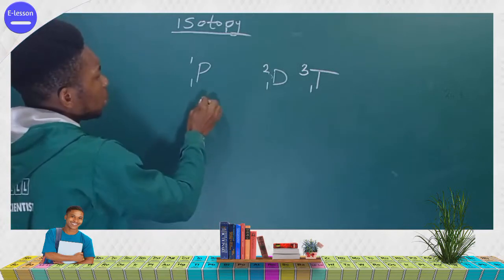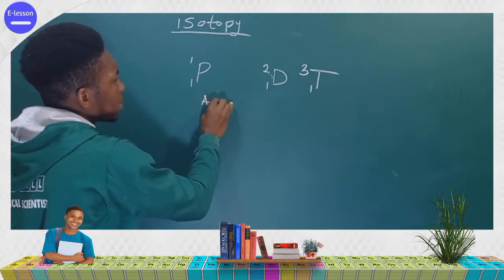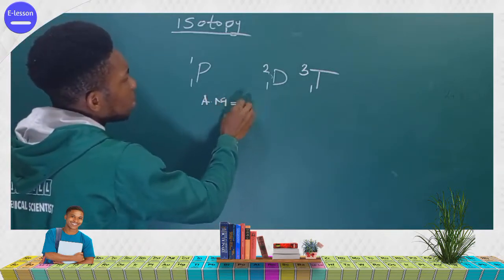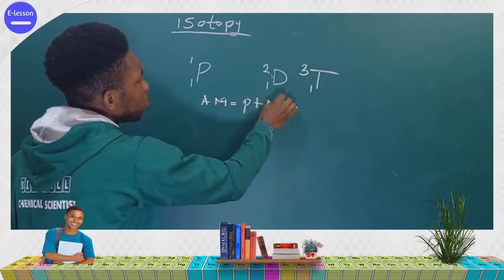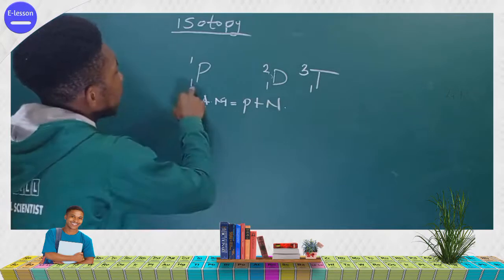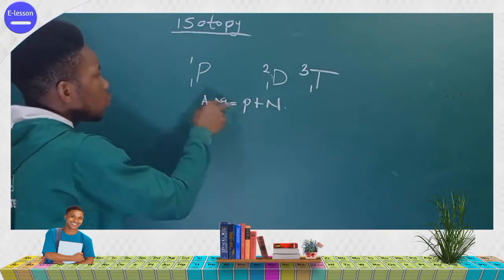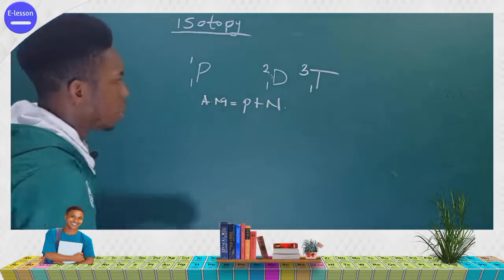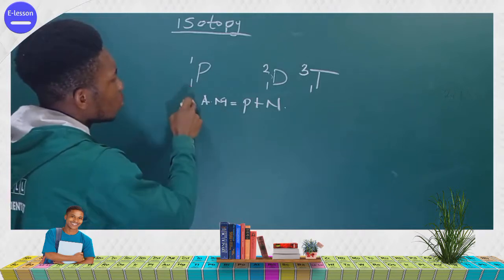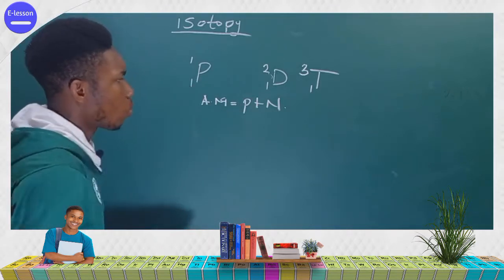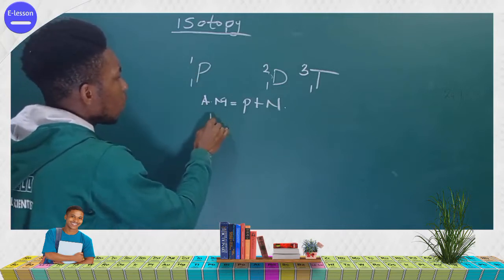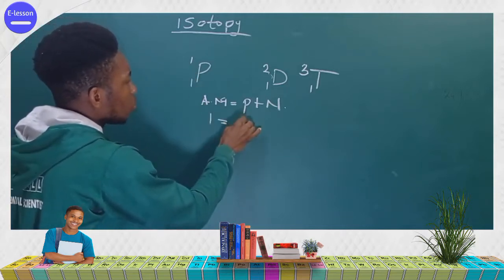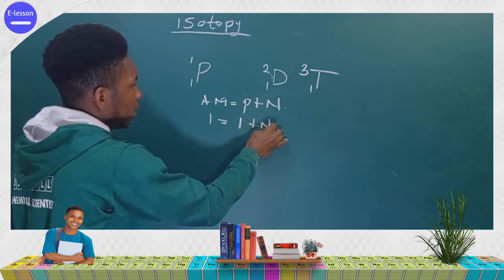Now we know that the atomic mass is equal to the number of proton plus neutron, and the atomic number is equal to the number of proton. If the atomic number is equal to the number of proton and that equals 1, the atomic mass here is 1. So 1 is equal to the number of proton, 1, plus n.